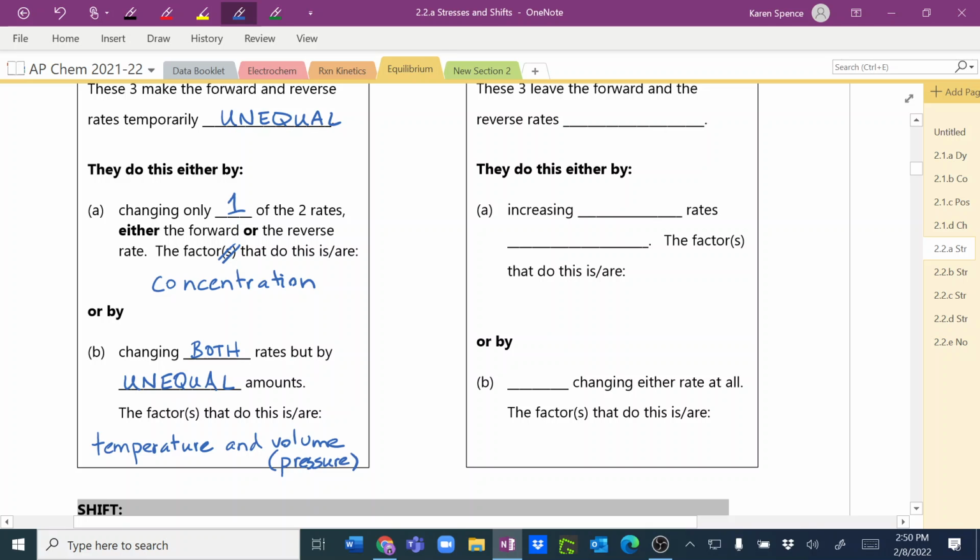Because if you increase the temperature, you're increasing the temperature of both reactants and products, right? It's all in one container. You cannot increase the temperature of one side. Sometimes people are like, oh, I just want to increase the temperature of the reactants. You cannot do that. It is all in one container, yes? All right.